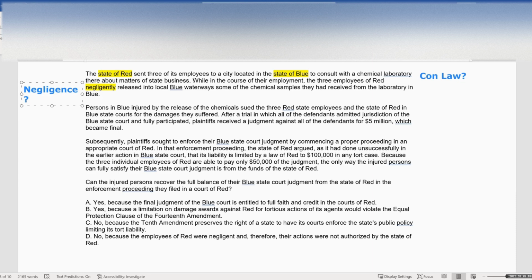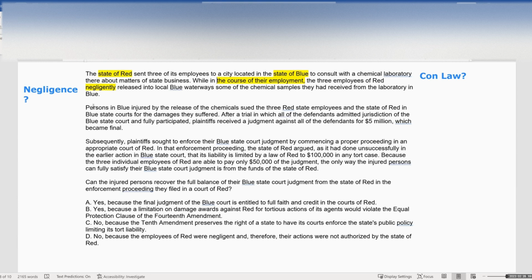We should also make a note that in the course of their employment highlights the negligence, vicarious liability, which is in negligence. The 3 employees of red negligently released into local blue waterways some of the chemical samples they had received from the laboratory in blue.